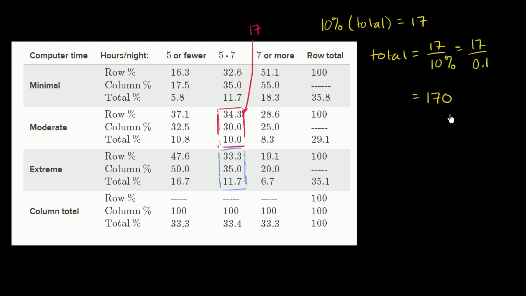So the total is 170, and they tell us that extreme computer users who sleep 5 to 7 hours per night represent 11.7% of the total. So to answer their question of how many people were extreme computer users who sleep 5 to 7 hours per night, it's 11.7% of 170.